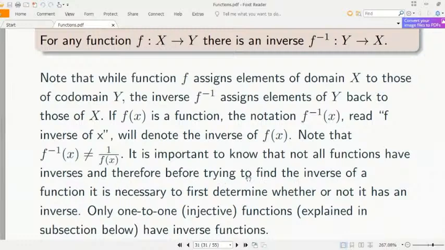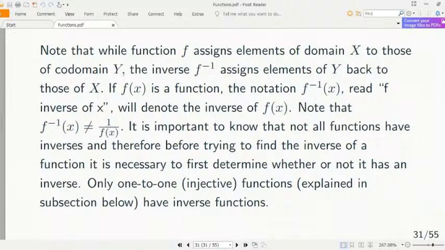Therefore, before trying to find the inverse of a function, it's necessary to determine whether or not it has an inverse. Only one-to-one functions, which we also call injective functions, have inverses.